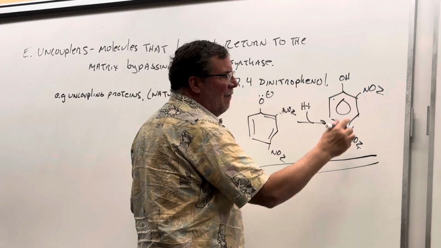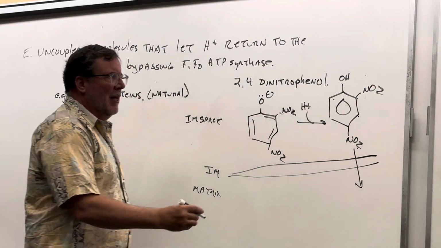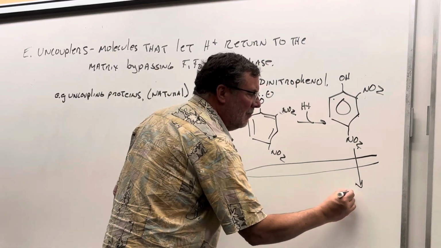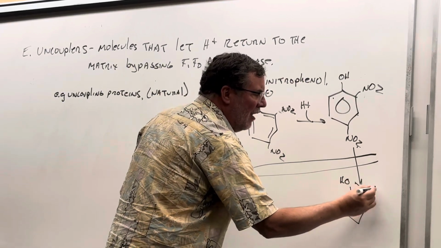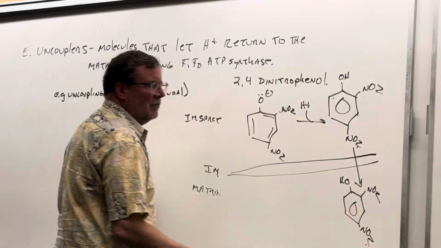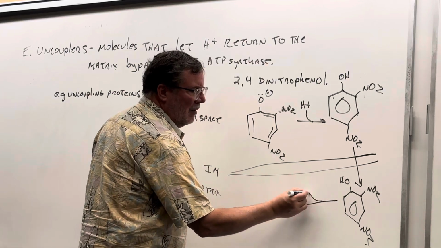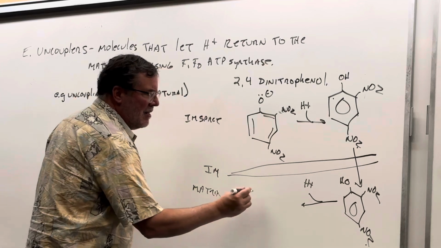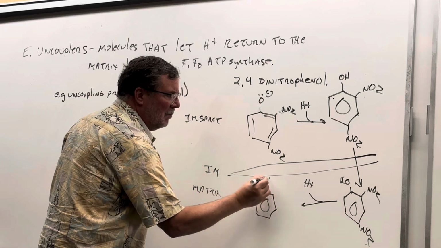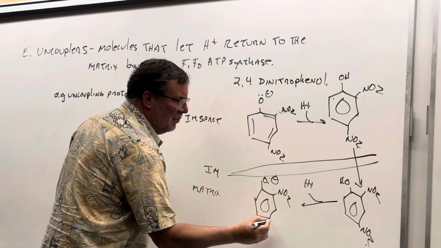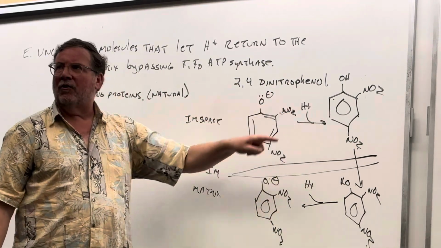Well, this protonated form can actually go across the membrane, and now it's on the other side. And it can dissociate. And so the net result is we move a proton from one side to the other.